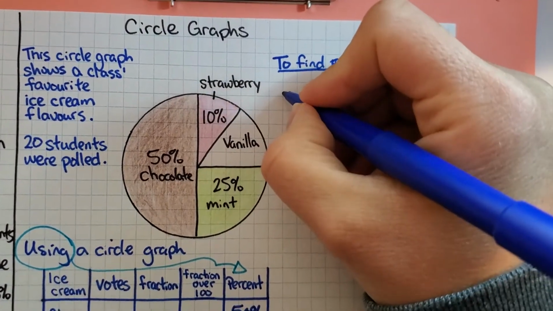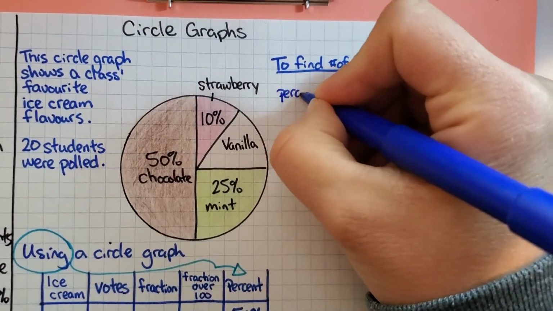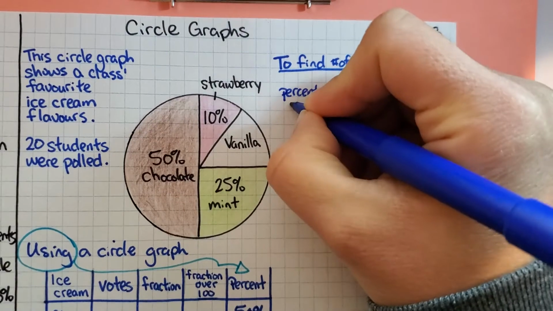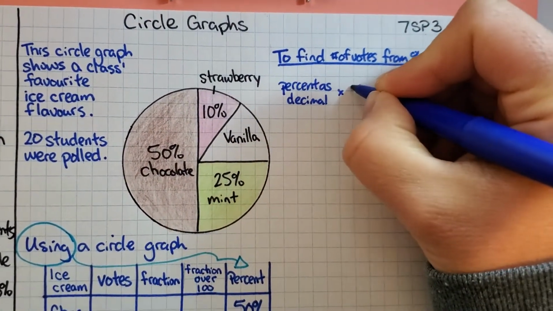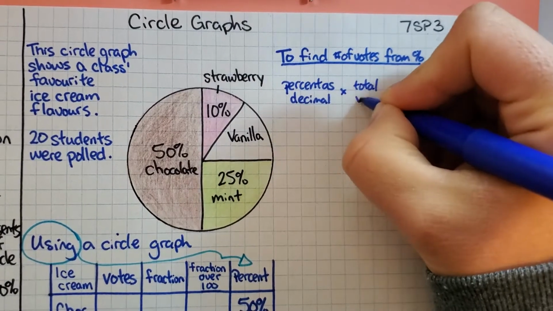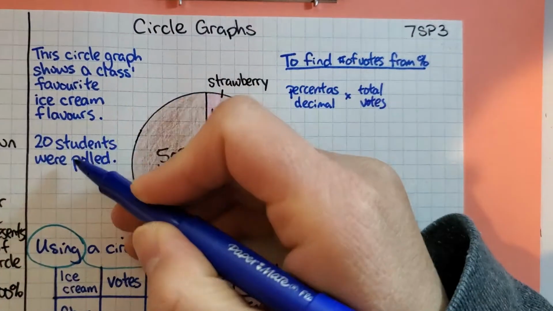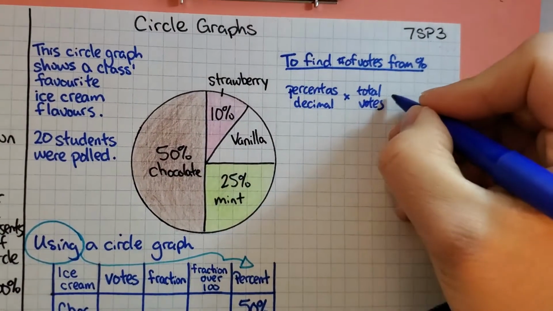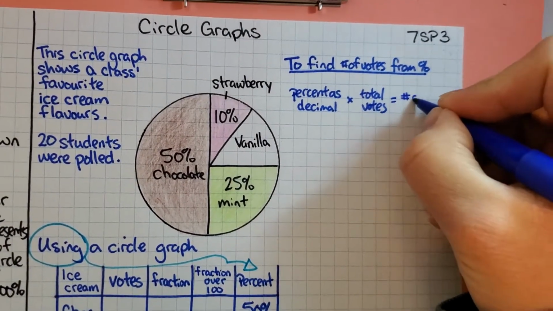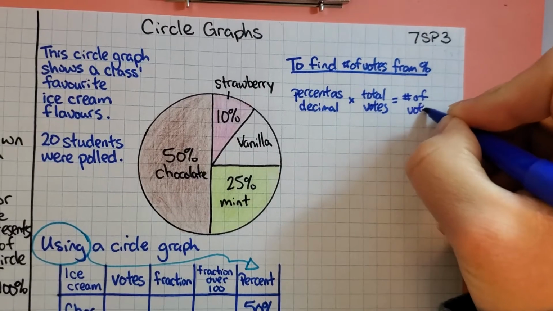We are going to take the percent as a decimal, and we're going to multiply it to the total votes. And remember, total votes is 20, since there's 20 students. And then that's going to give us our number of votes.